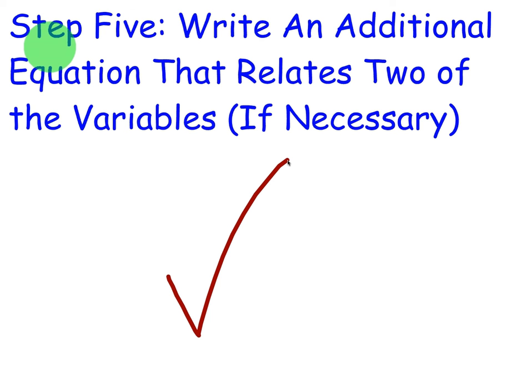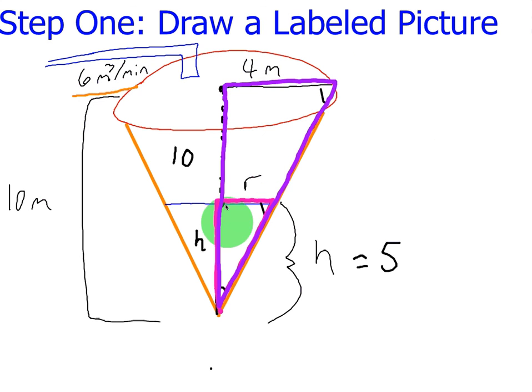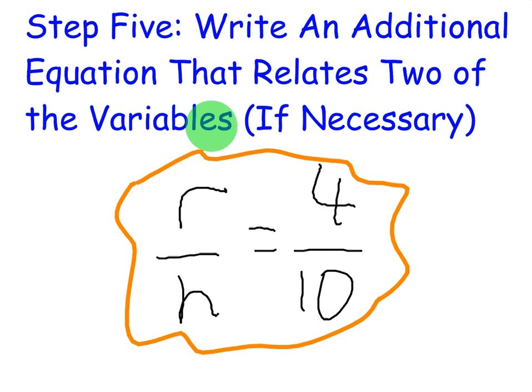All right, so if you notice, I only did step 5 for one of these, and that was for example 3, where we had to use similar triangles to relate R and H. So no matter how high this water level is, R will always be 40% of H. In other words, R over H equals 4 over 10.